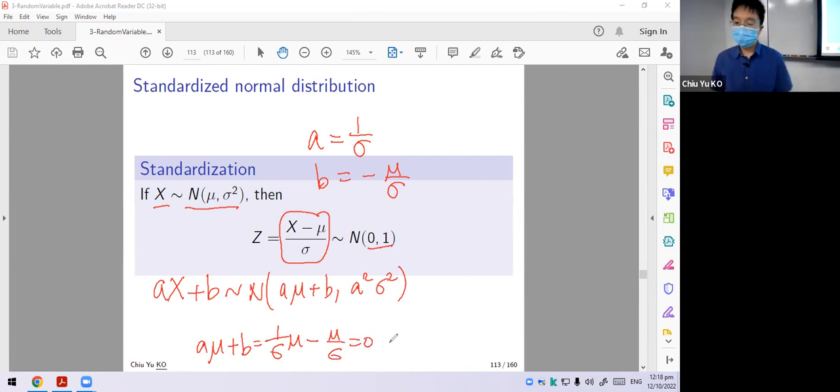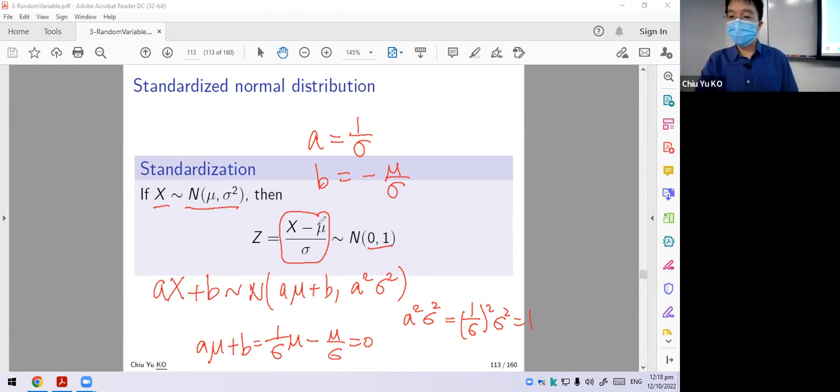And a squared sigma squared is 1 over sigma squared times sigma squared, which is 1. So for standardization, if you consider the transformation X minus mu over sigma, you become a normal (0, 1).